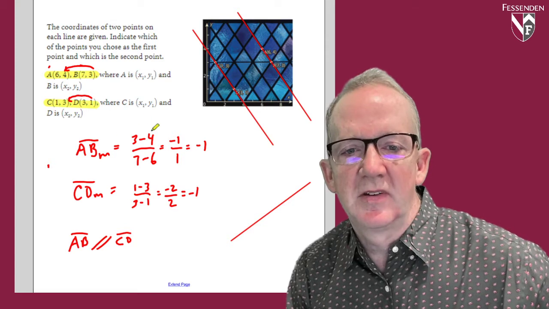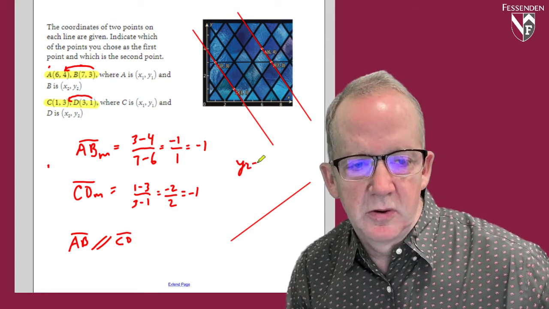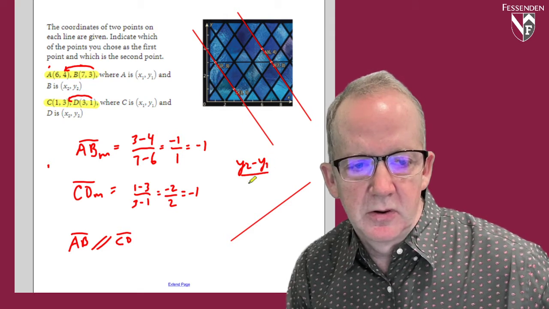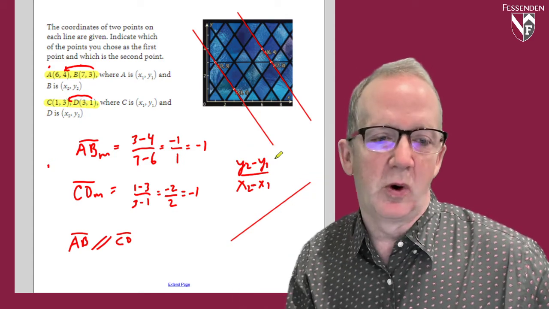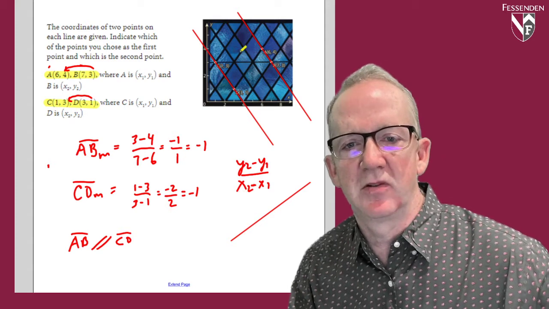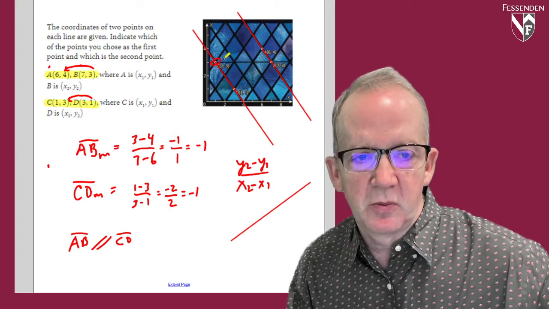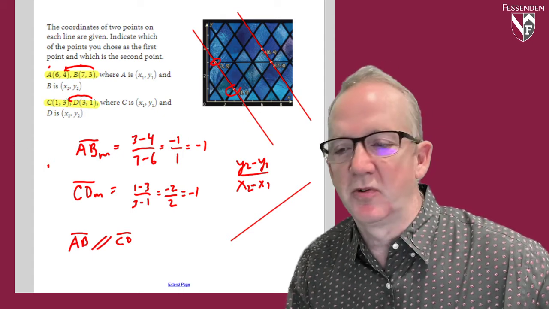I hope that makes sense. And remember, it's y2 minus y1 over x2 minus x1. You could do y1 minus y2 as long as you did x1 minus x2, because who's to say which is the first point and which is the second point? It's up to perspective.